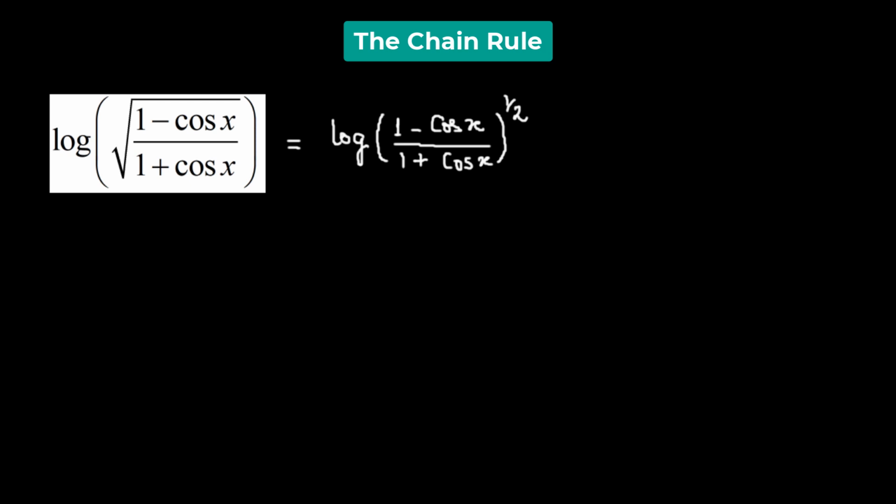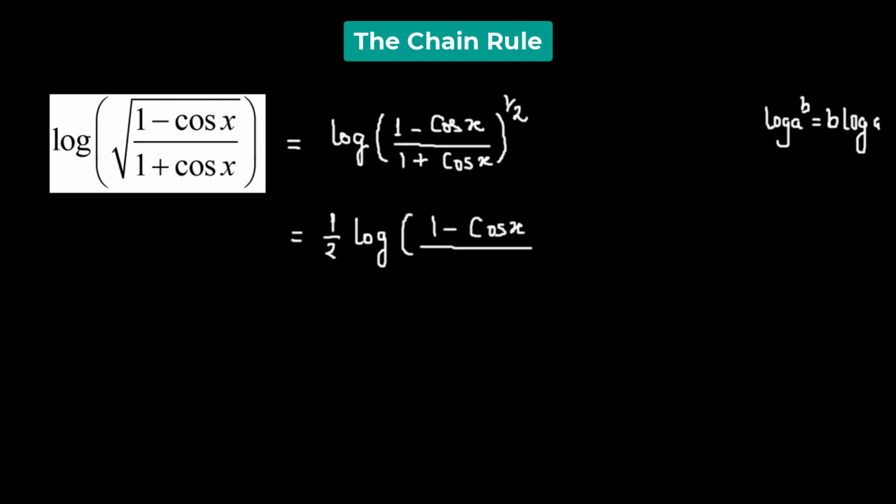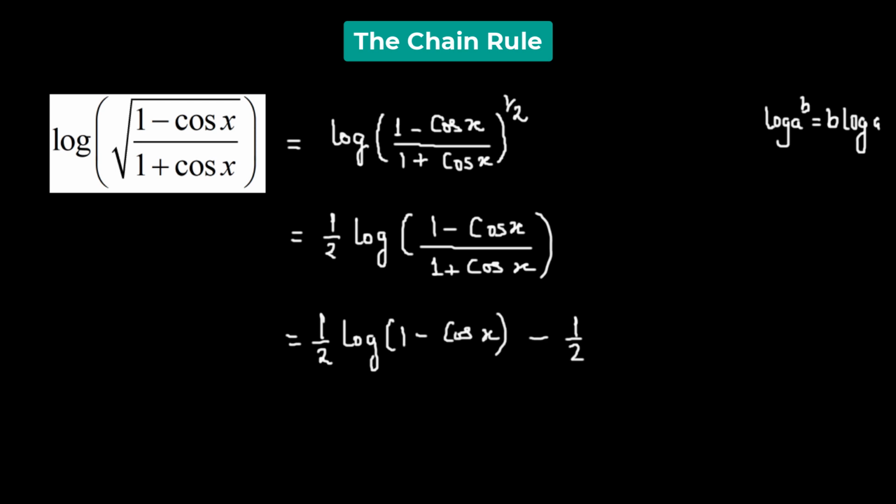We're going to use the property that log of a raised to the power of b is given by b log of a, which will be equal to half the log of 1 minus cosine of x divided by 1 plus cosine of x, which is equal to half times log of 1 minus cosine of x minus half log of 1 plus cosine of x.